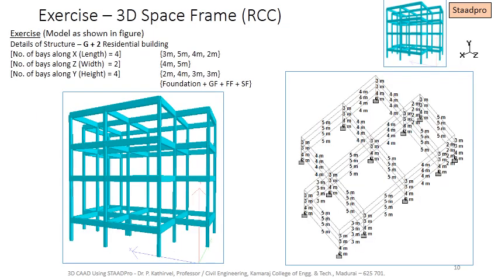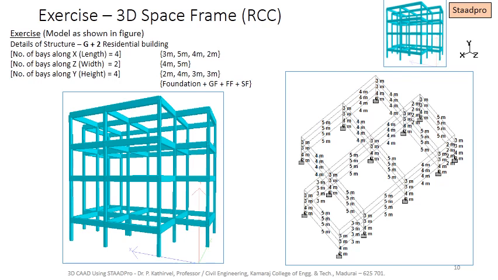We shall now begin with the exercise of 3D space frame in RCC. The structure selected is a G+2 residential building. The number of bays in the x-axis, which is along the length, is 4, of length 3 meters, 5 meters, 4 meters and 2 meters.